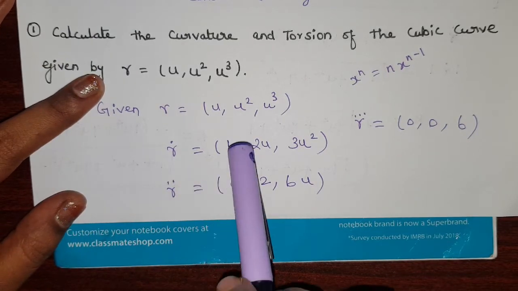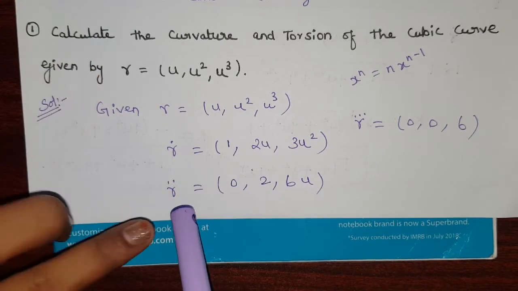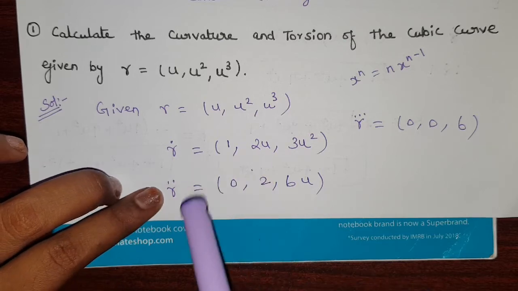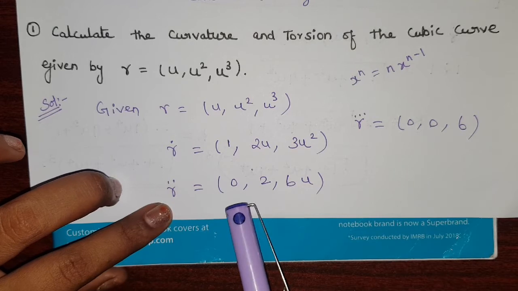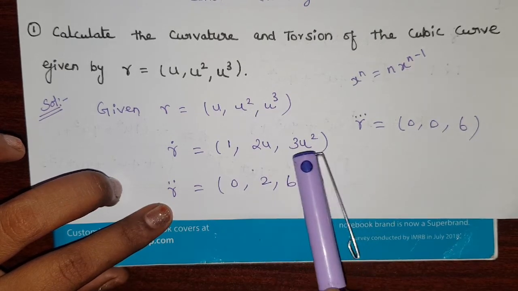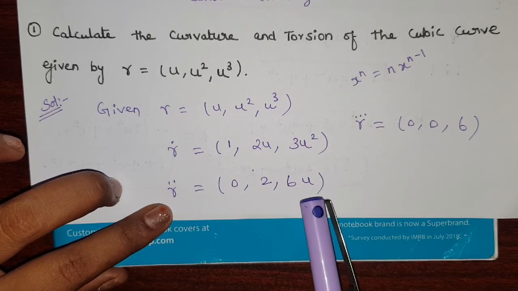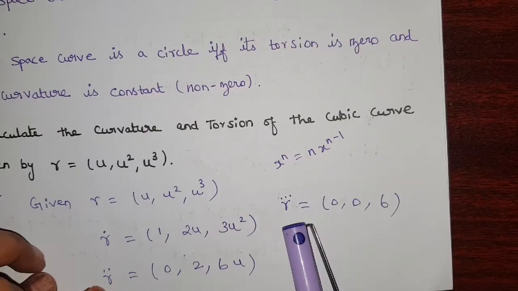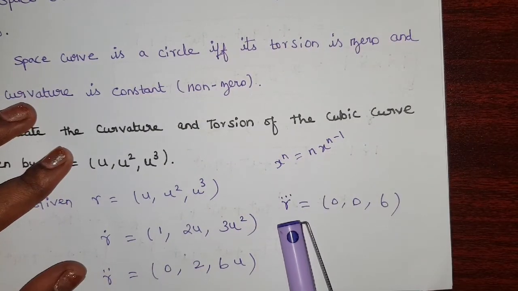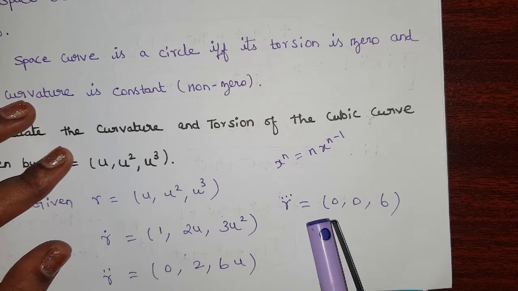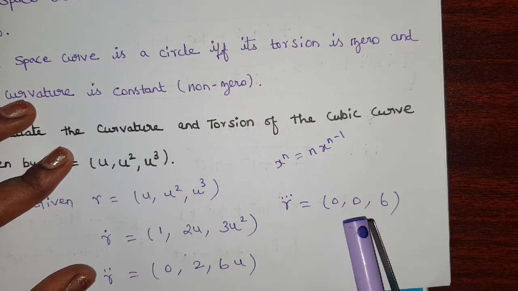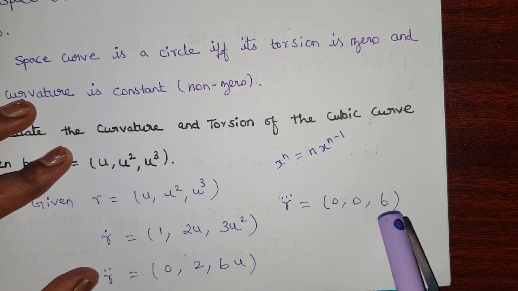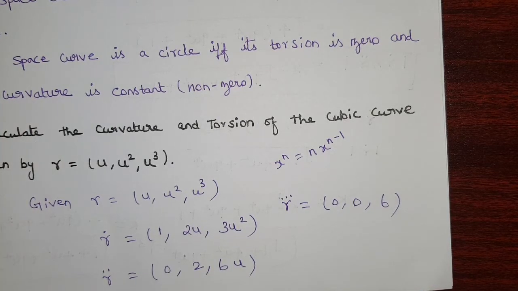Then differentiating again with respect to u, 1 is constant so it becomes 0, 2u becomes 2, and 3u square becomes 6u. Differentiating again, we get r triple dot: 0 becomes 0, 2 is constant so it becomes 0, and 6u becomes 6. Then we substitute these values in the curvature and torsion formula.